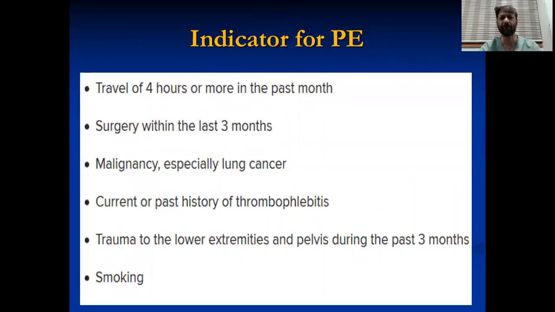Let's cover a few things. A few indicators in the history when you are assessing: travel for four or more hours in the past month, surgery within the last three months, malignancy, current or past history of thrombophlebitis, trauma to the lower extremity and pelvis, smoking.